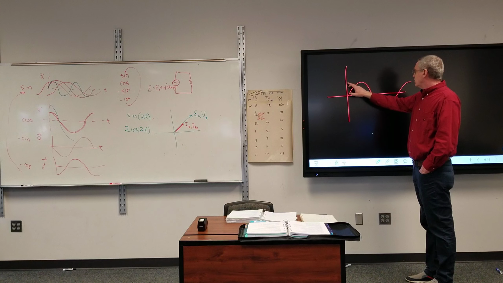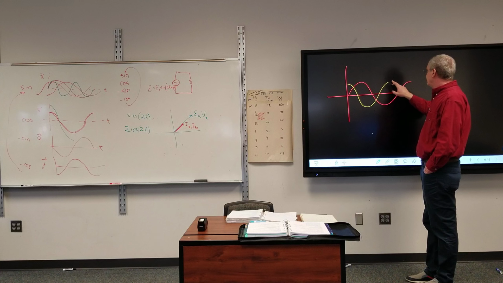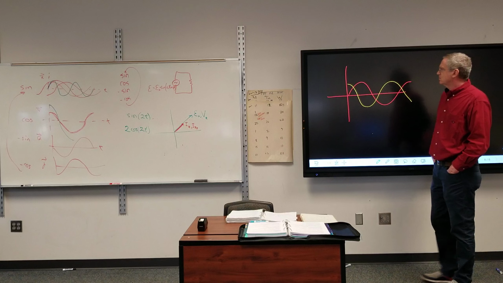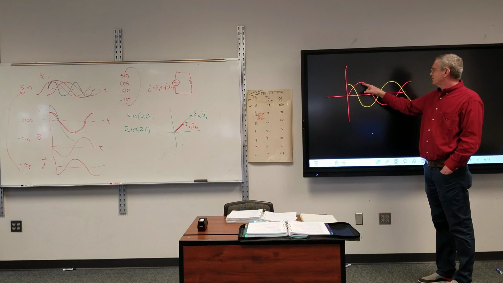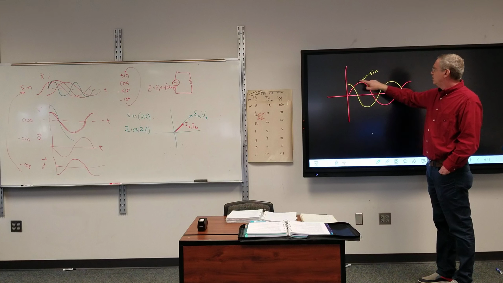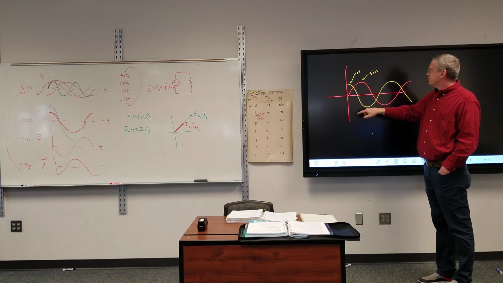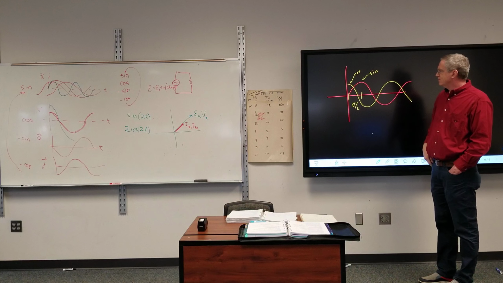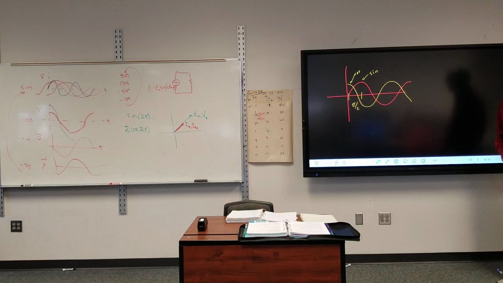If I plot a cosine curve, cosine looks like that. They are out of phase. Matter of fact, the sine curve is ahead of the cosine curve. This is my sine curve here. And this distance right here is 90 degrees, pi over 2 radians.